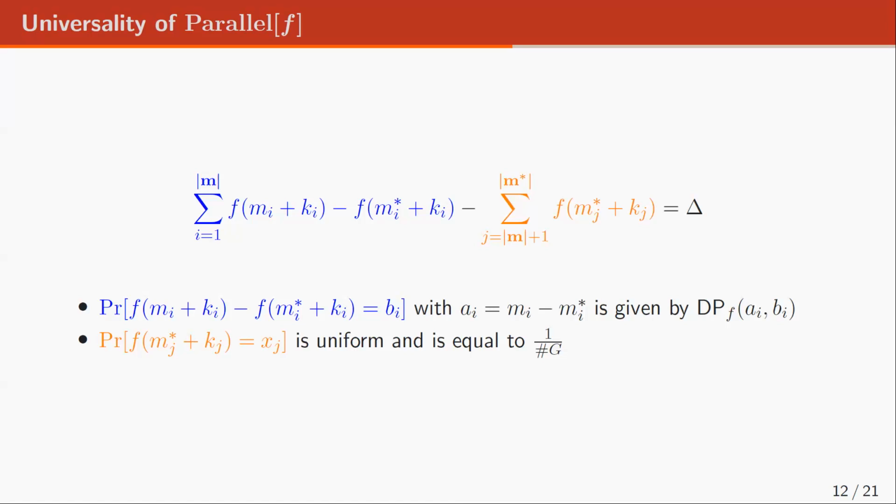And the orange terms have a uniform distribution. This is just a random input to a permutation, so it is one over the size of the group.